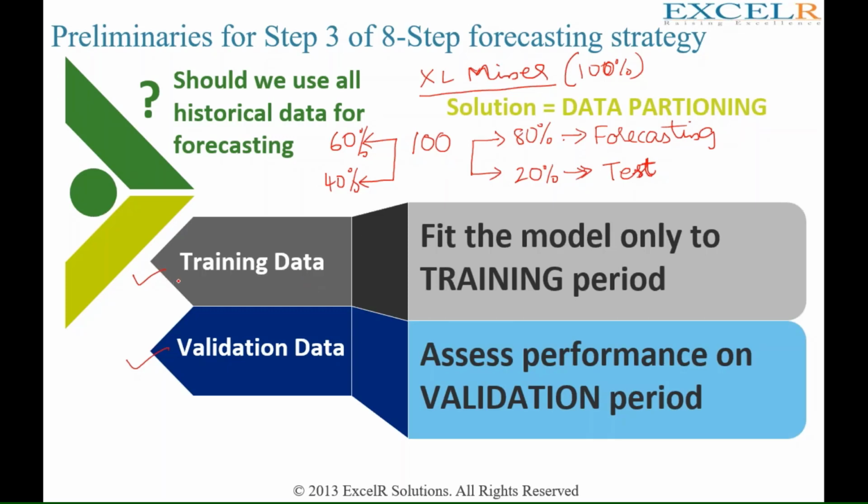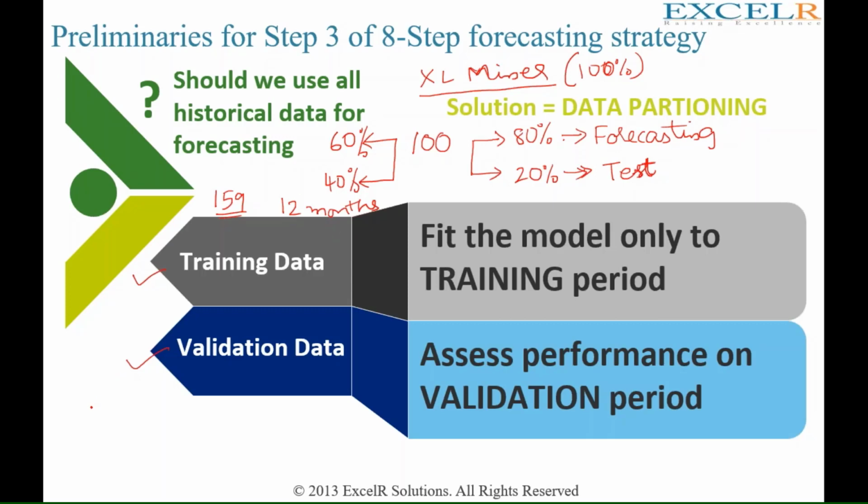For example, the Amtrak dataset that we are going to deal with has 159 observations. If you want to forecast for the next 1 year, since this is monthly data, you would consider 12 data points for testing, because we want to forecast for the next 12 months. If I forecast for the next year, the latest year's data makes more sense, because it's very close in time.